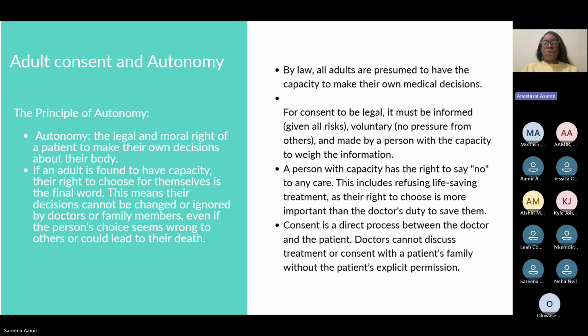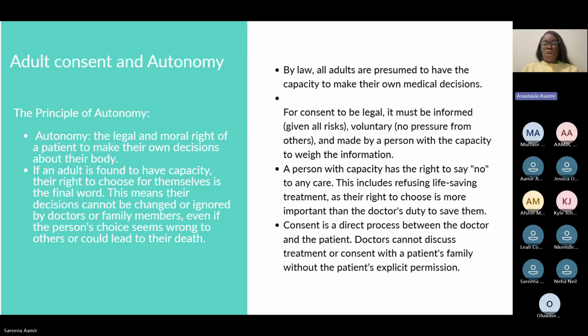And by law, all adults are presumed to have the capacity to make their own medical decisions, and for consent to be legal it must be informed. So, given all the risks, all the positives, all the negatives, all the side effects, and any possible outcomes that the surgery or the procedure could have, it has to be voluntary.